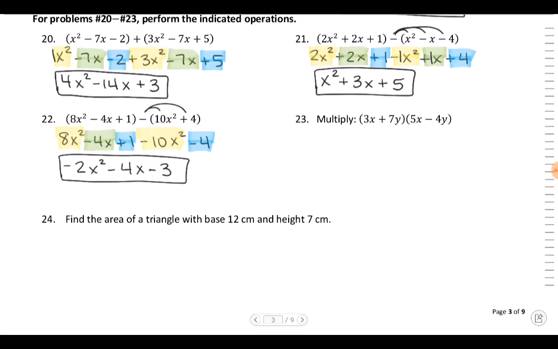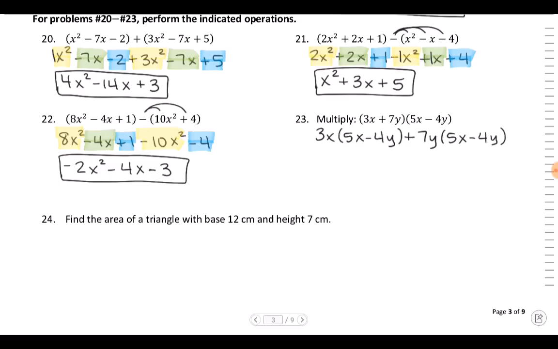We said, okay, I have this set of parentheses that I'm distributing to everything inside here. Now you can do a couple different ways, or you can say I'm distributing this whole set of parentheses to each thing in here. So like 3x times 5x minus 4y plus 7y times 5x minus 4y.